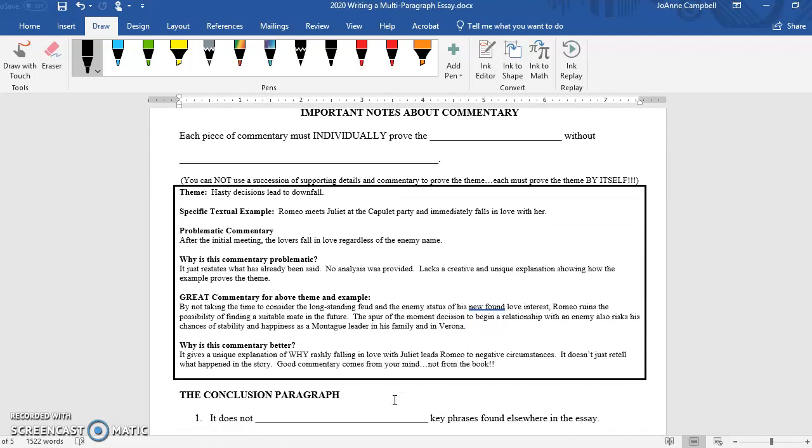So, each piece of commentary must individually prove your theme, aka your main idea, without retelling the story. Okay, so don't just tell me what happened in Romeo and Juliet. Instead, it has to be an idea from your head. And again, commentary is hard.